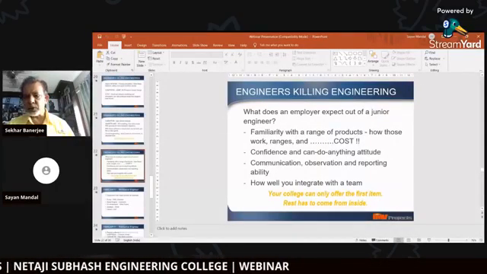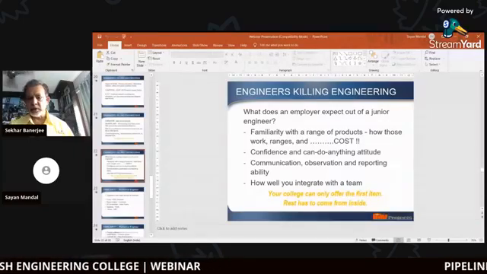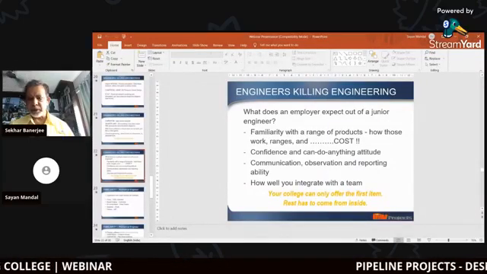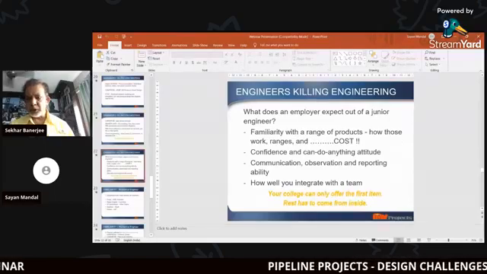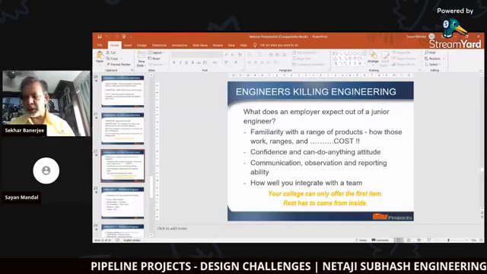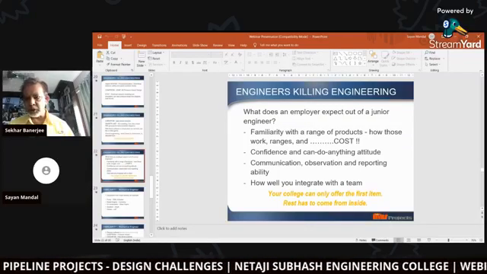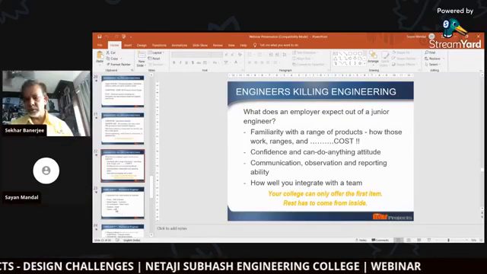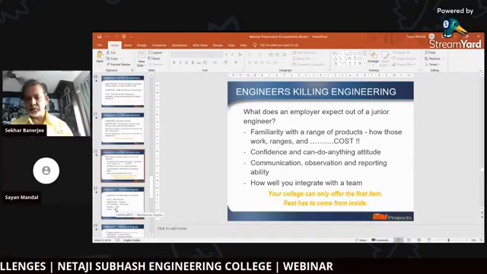Rest of it has to come from your inside, students. Please remember, confidence, communication, and integrating with a team, the ability to go in and be friendly with everybody is your own skill. You have to have that.